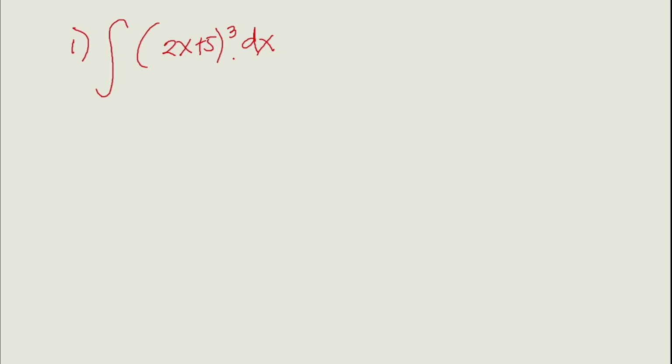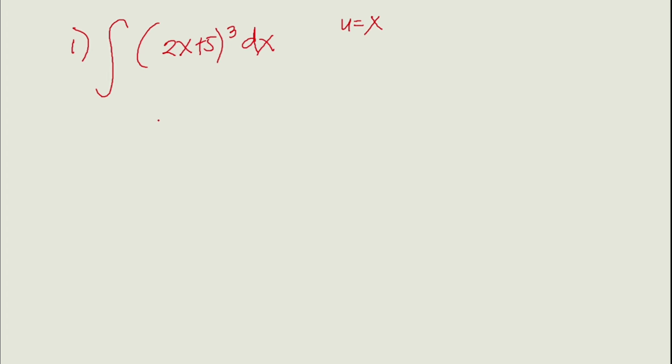That's what I stated a while ago, that you could not apply I4 here immediately because u is not equal to x. We could apply I4 immediately if u is equal to x. Since u is not equal to x, let's use integration by substitution.